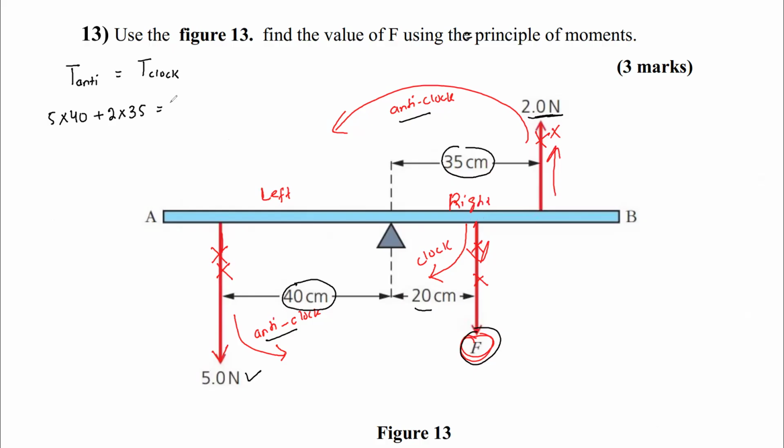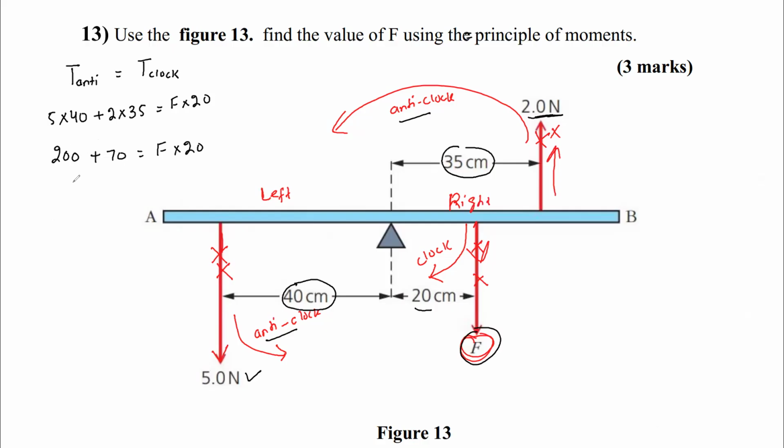So write down F multiplied by 20 centimeter. Now we have to find this value. 5 multiplied by 40 is 200, plus 35 multiplied by 2 is equal to 70, which is equal to F multiplied by 20.